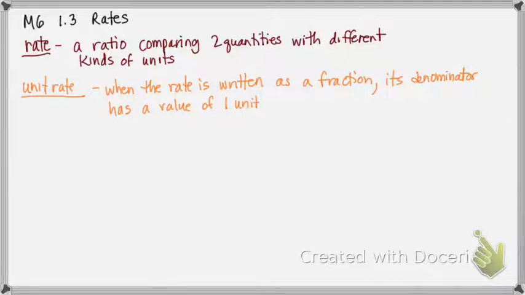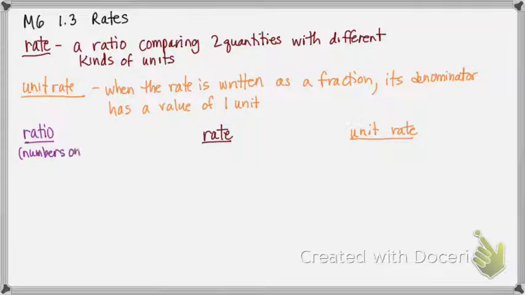So let's compare a ratio, which we already talked about, to a rate, and then to a unit rate. Okay. So in a ratio, we have numbers only. There's no labels.